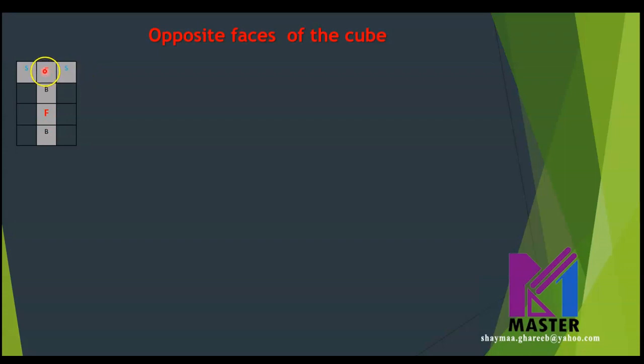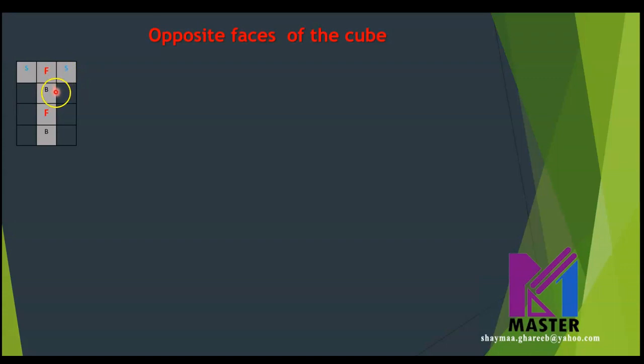For example, look at these 2 faces, this F and this S. They meet at this side, so they are not opposite to each other. They cannot be opposite to each other. Look at this face, the B, this one, cannot be opposite to this one because they meet at an edge. It cannot be opposite to this one because both of them meet at this point.